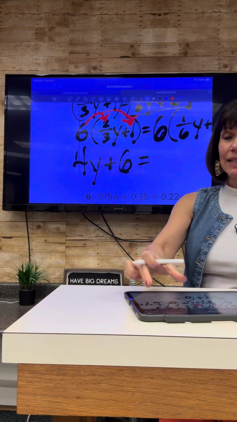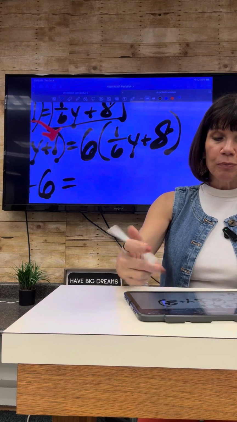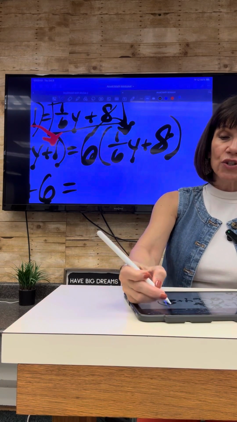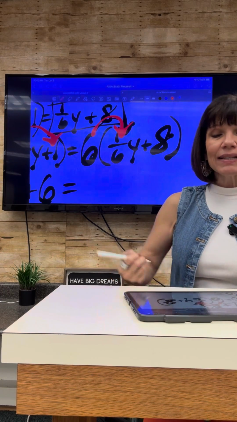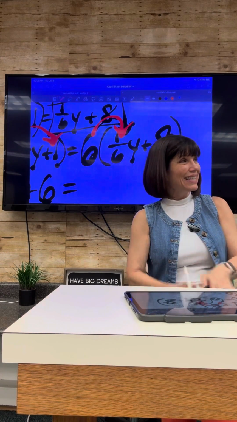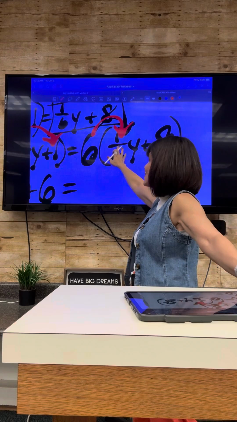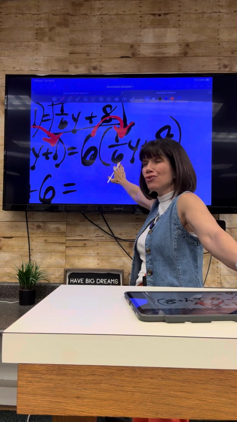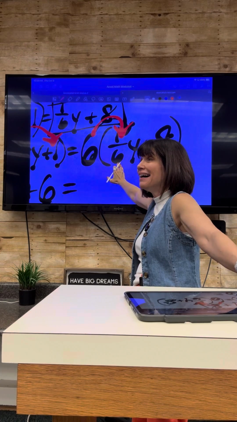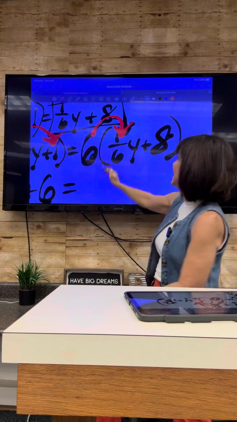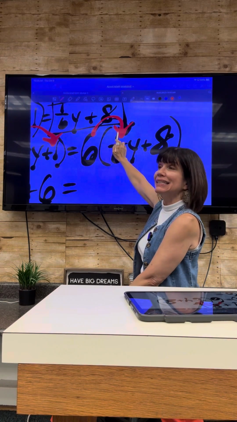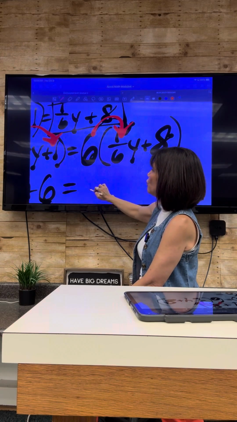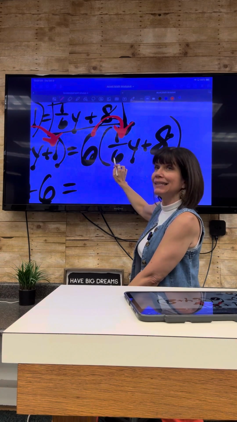All right, next item. Now I'm multiplying 6 times 1/6y. Guys, pretty easy. If you have 6 pieces that are each worth 1/6 of the apple pie, how many apple pies do you have? Okay, let's multiply. 6 times 1 is 6. It would have been over 1. 1 times 6 is 6.